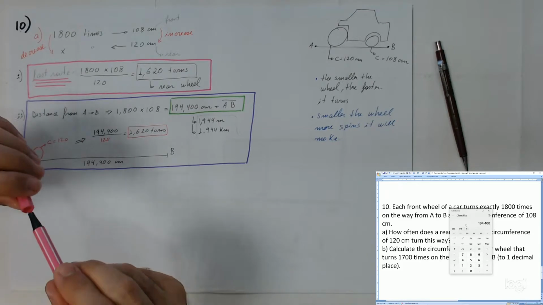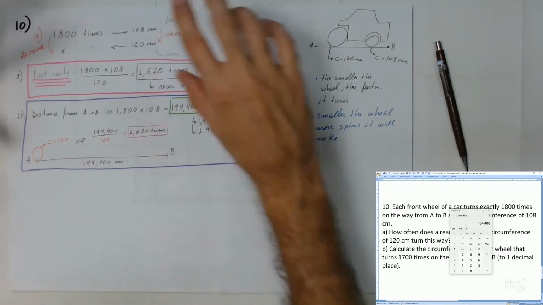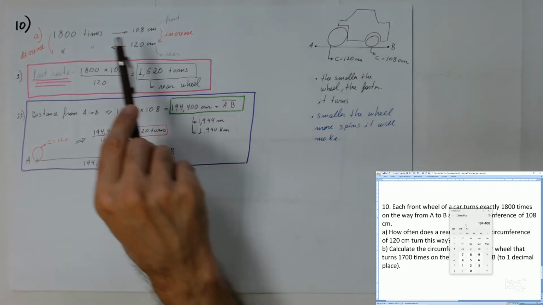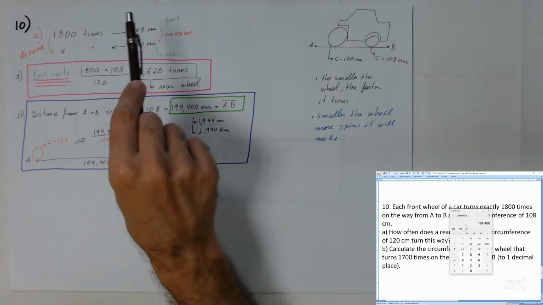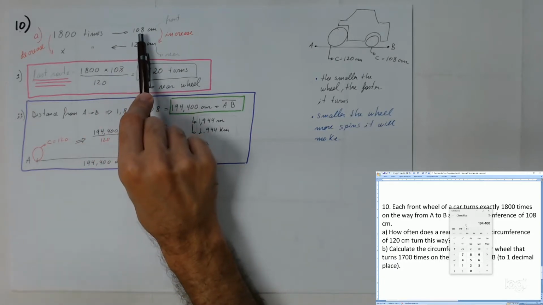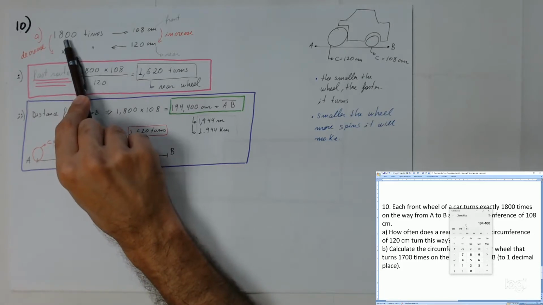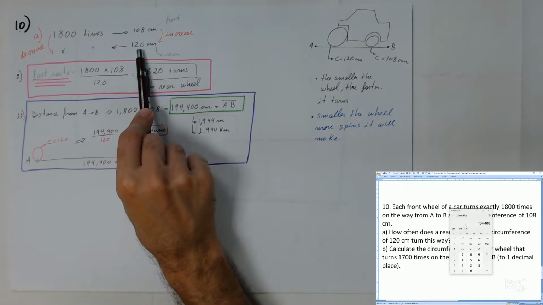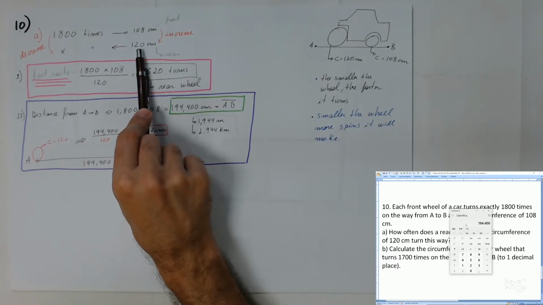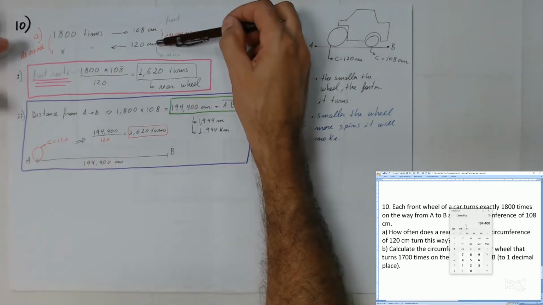Only use the fast route if you are comfortable working with those numbers. It's very straightforward. You just have to assemble this correctly.